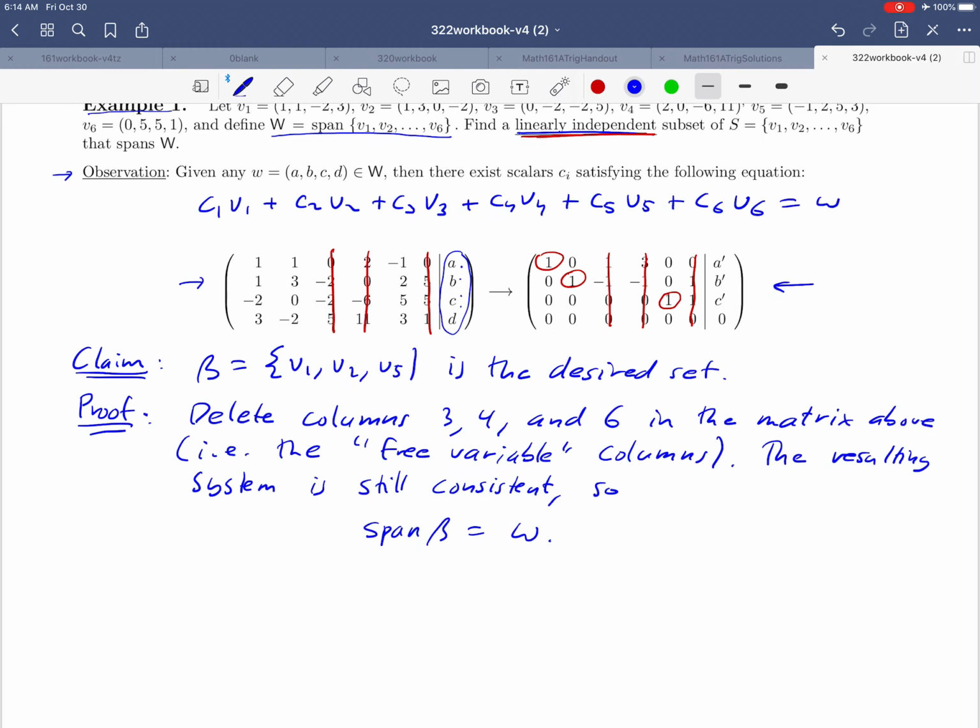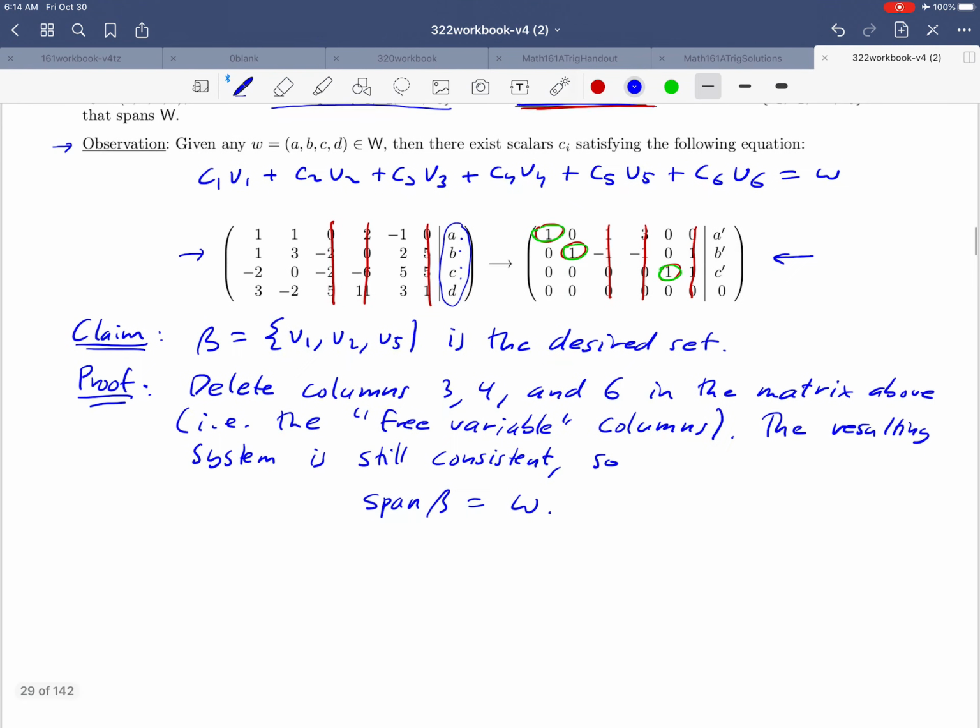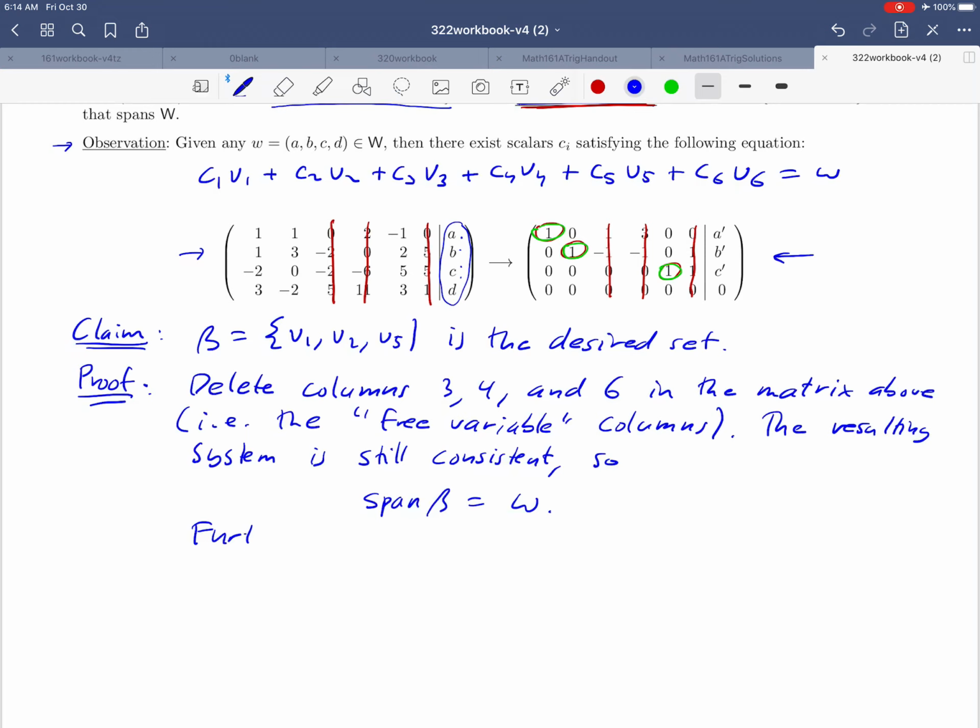And what about linear independence? Well, after we got rid of those 3 columns that we just crossed out, notice that there's a pivot in every column of the remaining matrix. Since there are only 3 columns left, that tells us that those 3 remaining vectors that correspond to the columns that we kept are linearly independent. So let's add that to our explanation here.